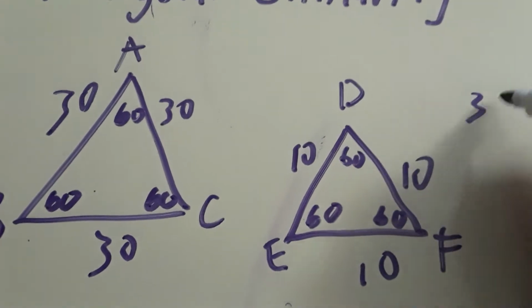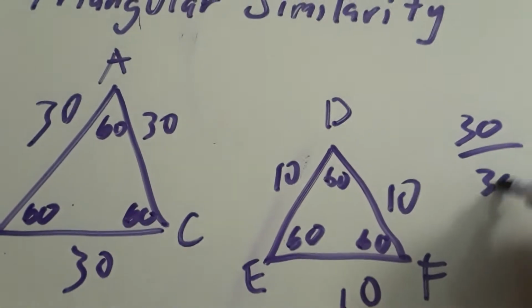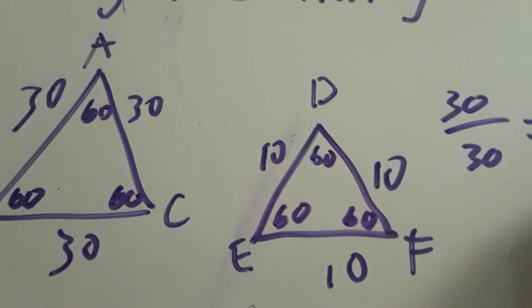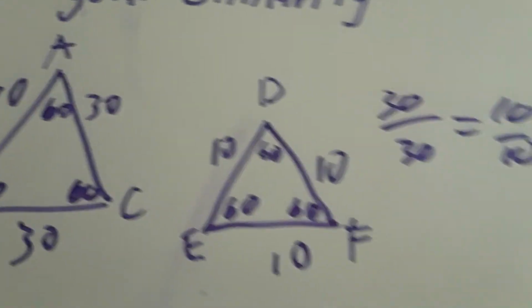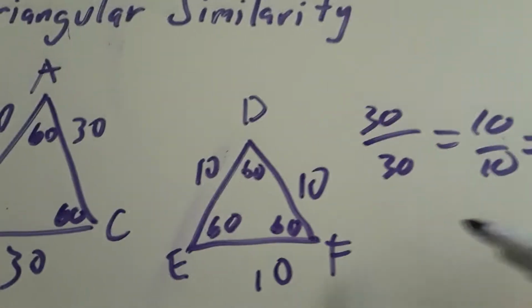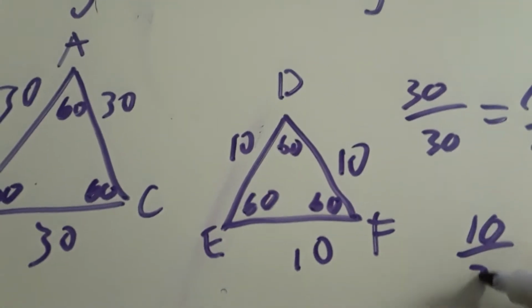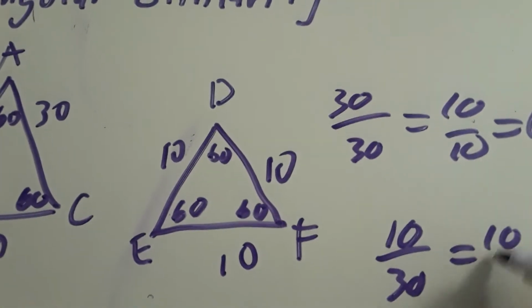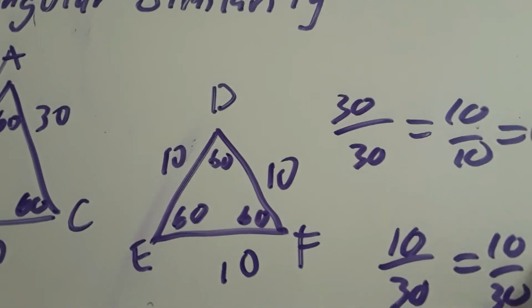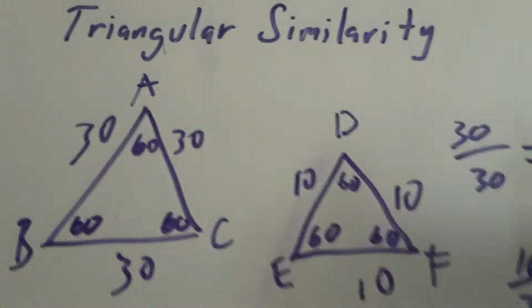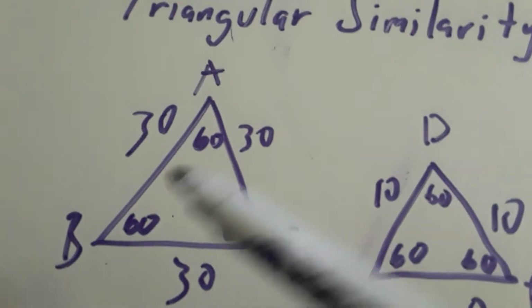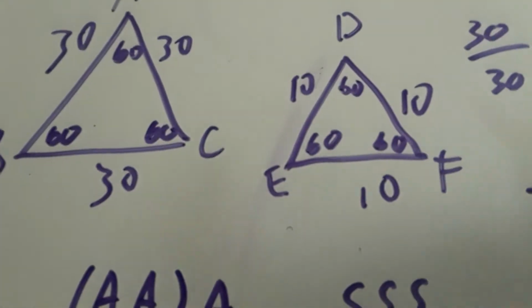So we can either compare 30 to 30 and 10 to 10 to get 1, or we can compare 10 to 30 and also get 1/3, okay? So ABC is 3 times larger than DEF.